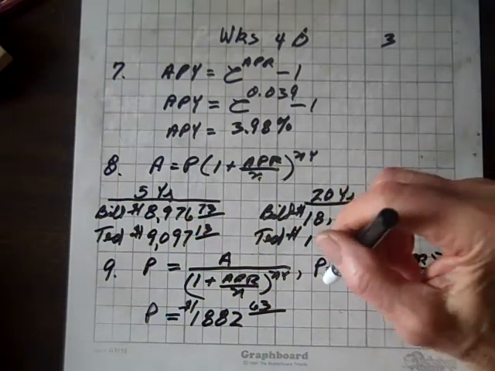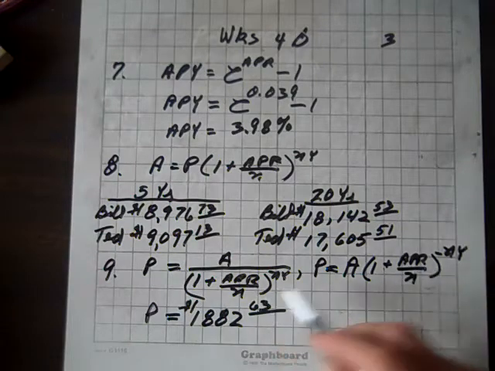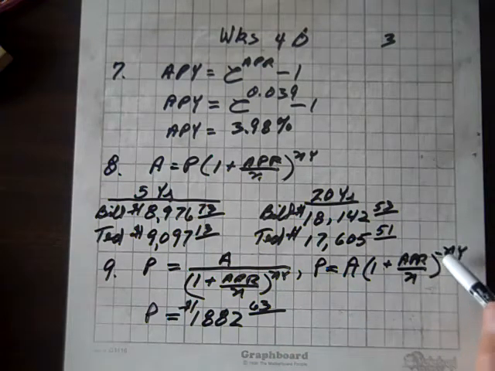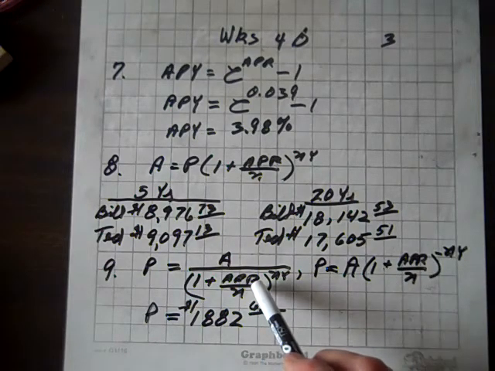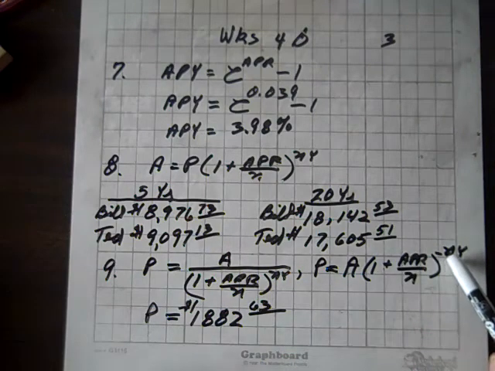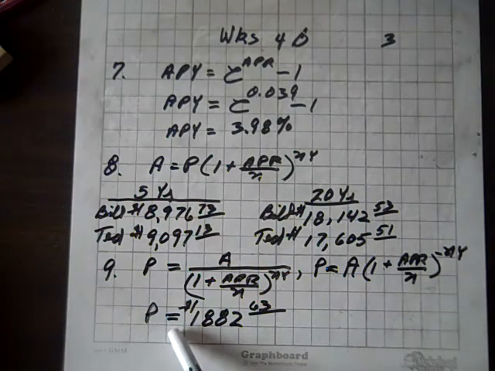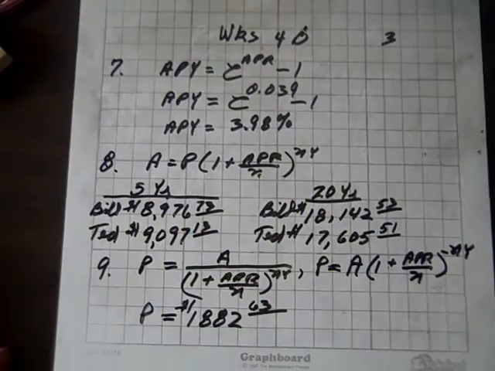Or we can say P equals A times this quantity raised to, and all we have to do is put a negative sign on that exponent, and it represents the same thing we would get if we showed division. Change the sign on the exponent, change the location of the base. And I've got P equals $1,882.63.